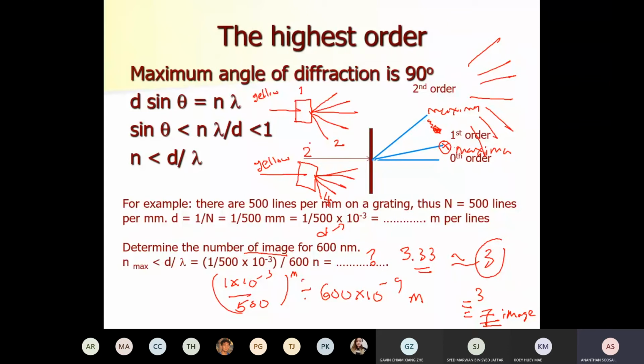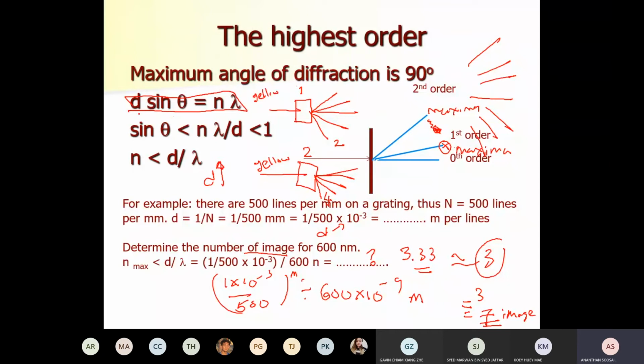Which diffraction grating has greater D? The first diffraction grating or the second diffraction grating? Use this formula. Interpret for me. Which one has a greater D?